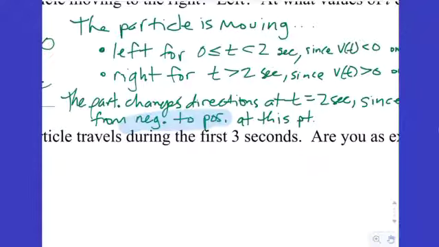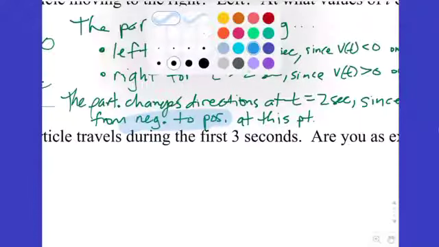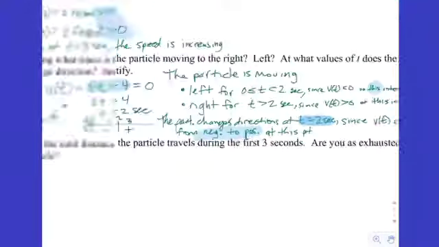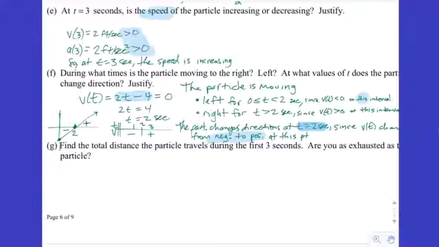But College Board wants to see how it changed signs. So that's why we always say how. It changed from negative to positive, not in France, but at t equals 2, at this point, which we've already mentioned in that same sentence. So for these problems, you're really learning how to present your justification to get full credit. That's what they're about, really.